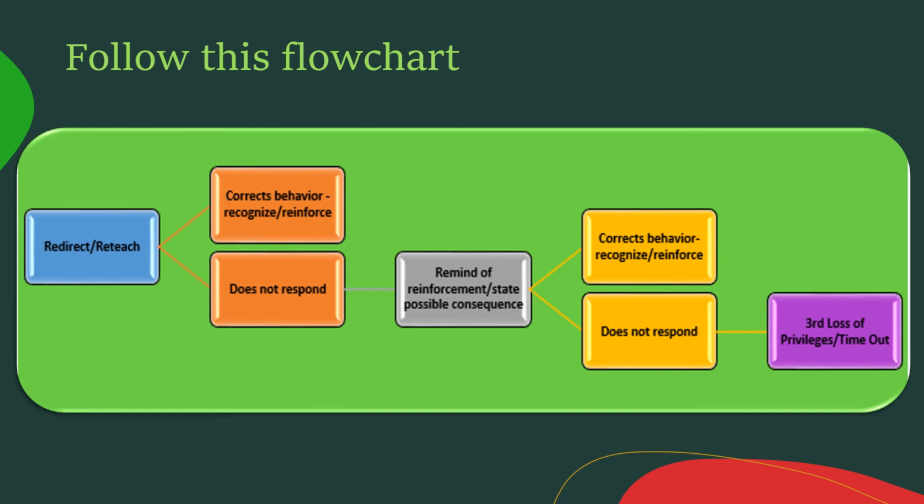It does take some time and practice from both parties, the adult and the kids, to understand the way it works. The thing that I can tell you, parents, is you have to remain steadfast on this. When you start and implement this flowchart, you can't budge and you cannot change it, because then you're teaching your kids, unfortunately, that they can change things depending on how they respond.